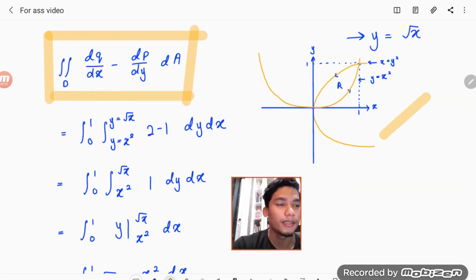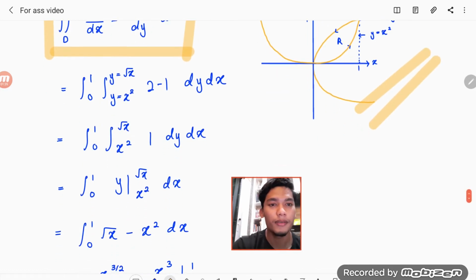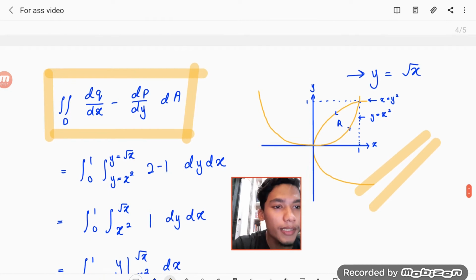From the above graph and the equation, we can see the limits: this is from x squared and this is y equal to x. So we go from lower to upper and then left to right.